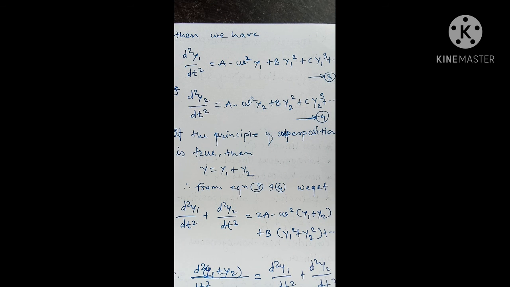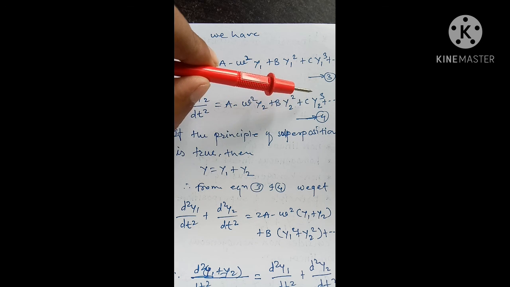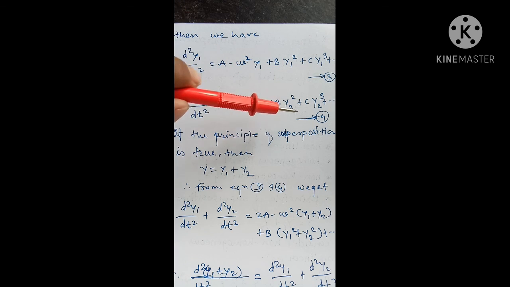Similarly, we can write for displacement y2: d²y2/dt² = A - ω²y2 + b y2² + c y2³ + .... Let this be equation number 4.